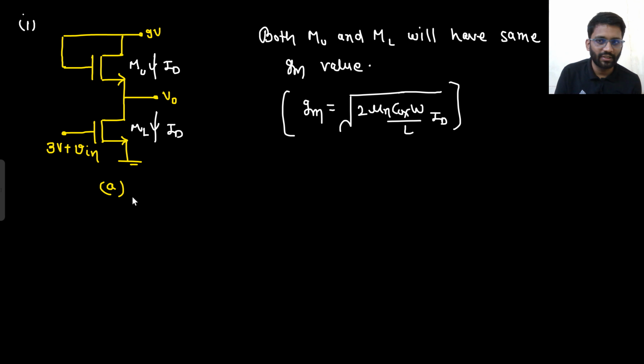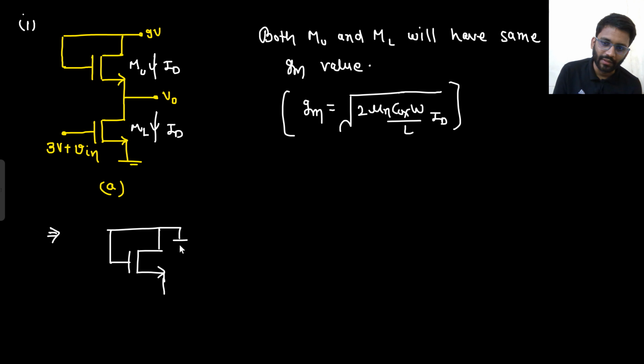So you can draw the small signal model. How will the small signal model look? We have already seen this in the previous lecture. So both will be shorted. This is V naught. We will only consider a small signal input now.